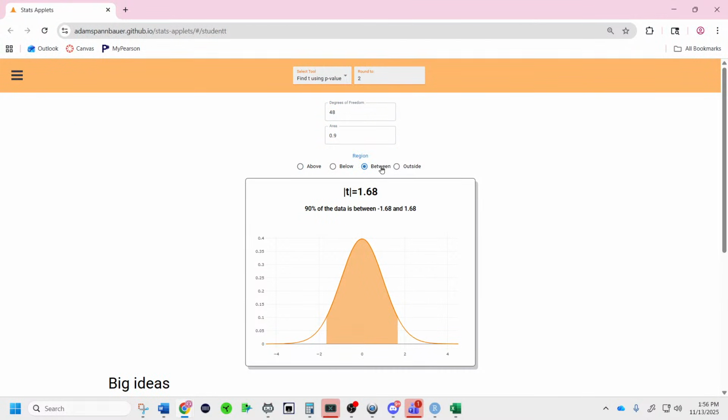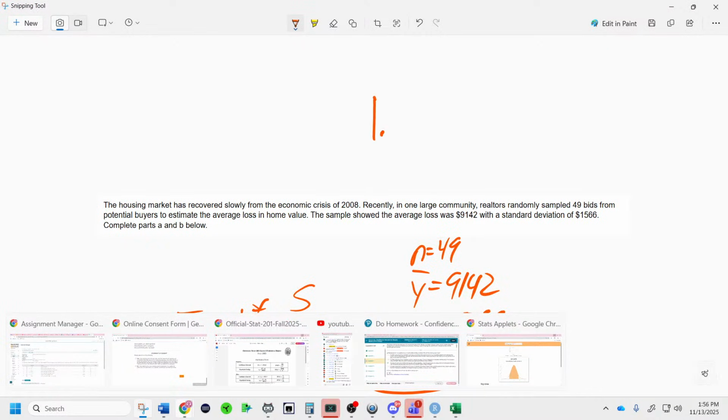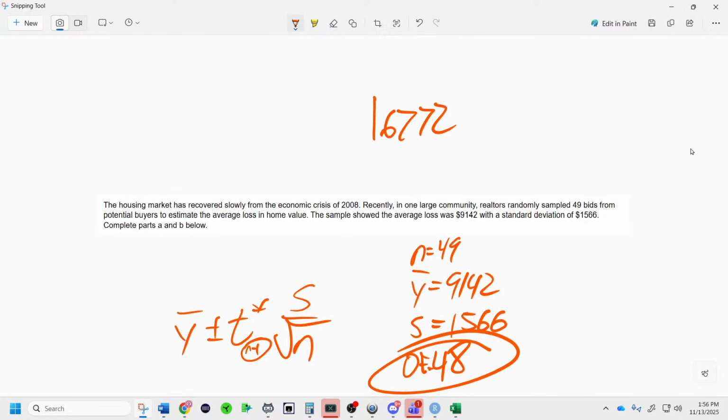There we go. I got it. 1.68. I'd maybe carry these decimals. 1.6772. And we go back over here. 1.6772. And then we throw in the standard deviation of 1566 over square root of 49 times plus or minus.